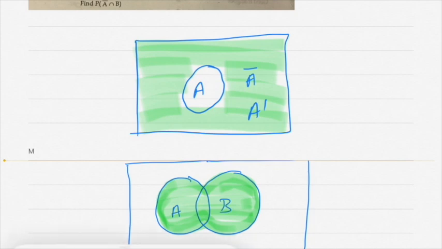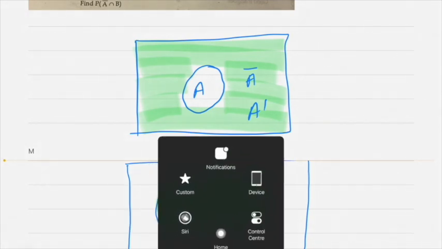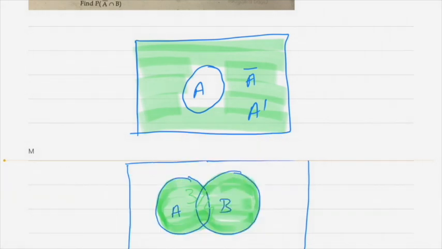So probability of A union B is 3 by 4, the whole area. Now probability of A intersection B is 1 by 4.